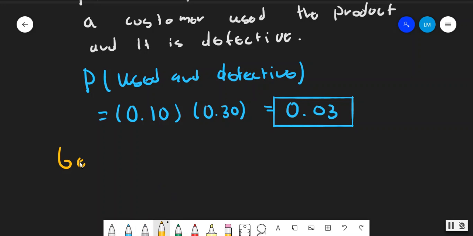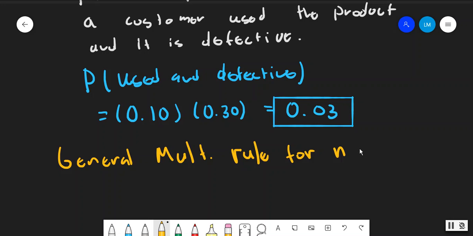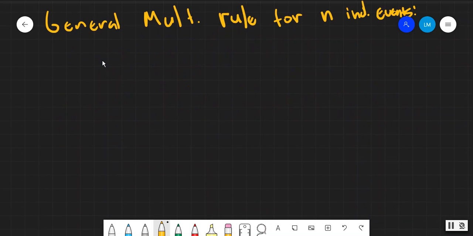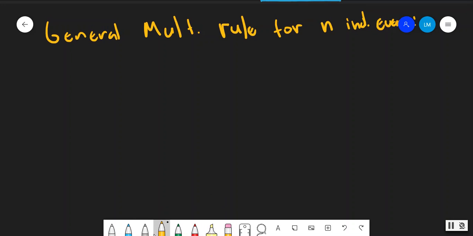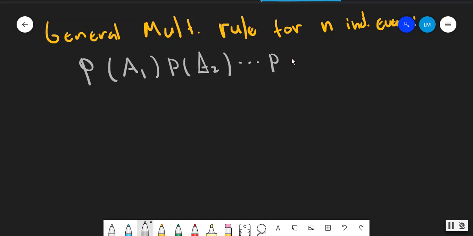So if you looked at the general multiplication rule, and you just say for n independent events, then in that case, if you're going to generalize this, basically that means that you have the probability of an event, let's say A1, and then you have the probability of A2, and then you just repeat that however many times.